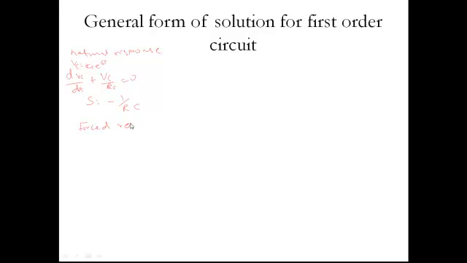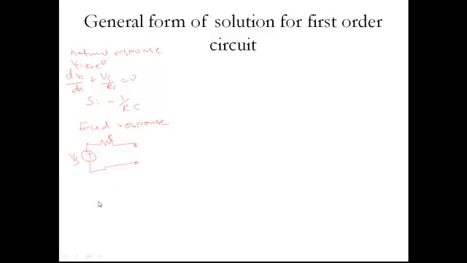For finding the forced response, as I told you, you write the steady state equation. At steady state, the capacitance will act as an open circuit. If the capacitance is acting as an open circuit, the voltage across the capacitance will be the entire source voltage, because there is no meaning of the resistance now. Whatever the voltage is here will appear across this open circuit.